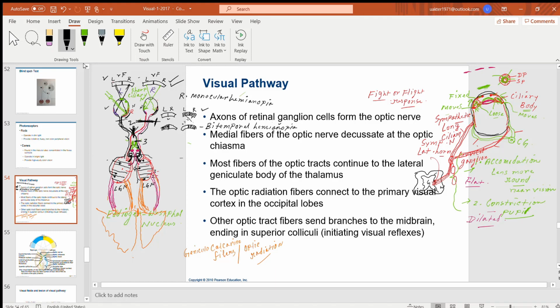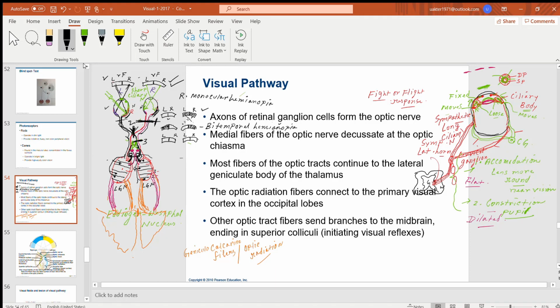So the temporal side of the same side's retina receives visual signal from the left half of the right visual field. Makes sense? So let me draw here again. This is left, this is right. So right side of right, left side of right, right side of left, left side of left.